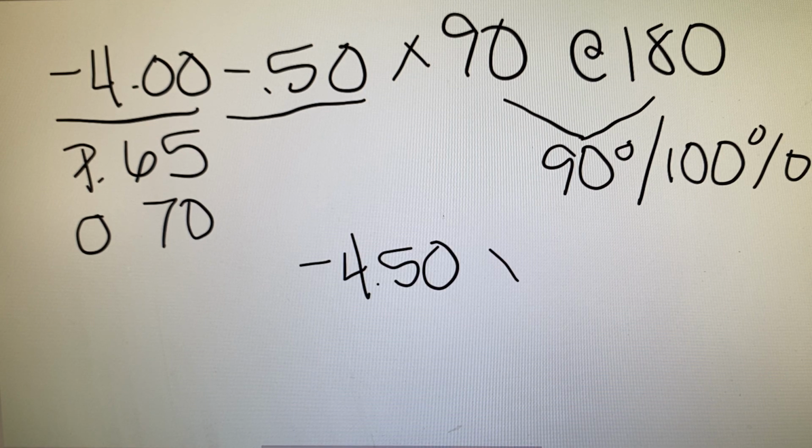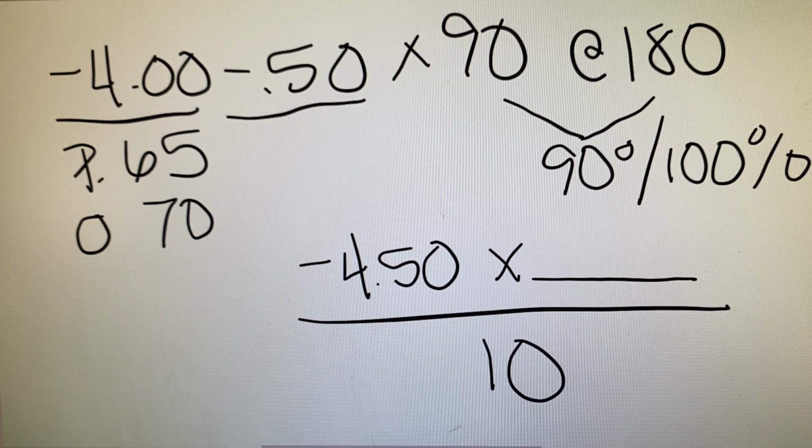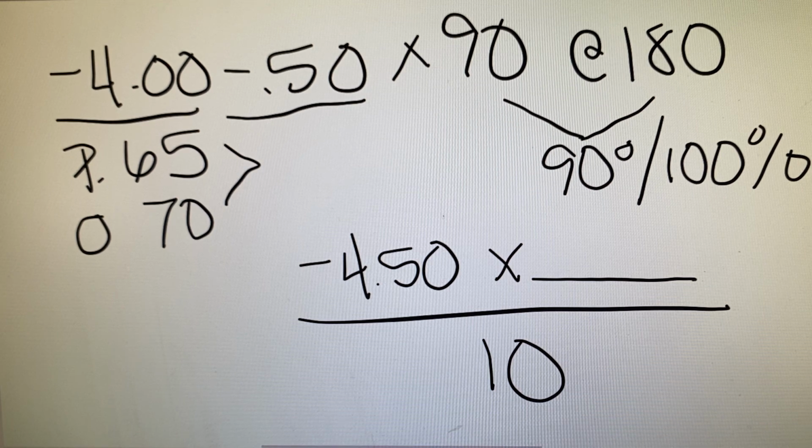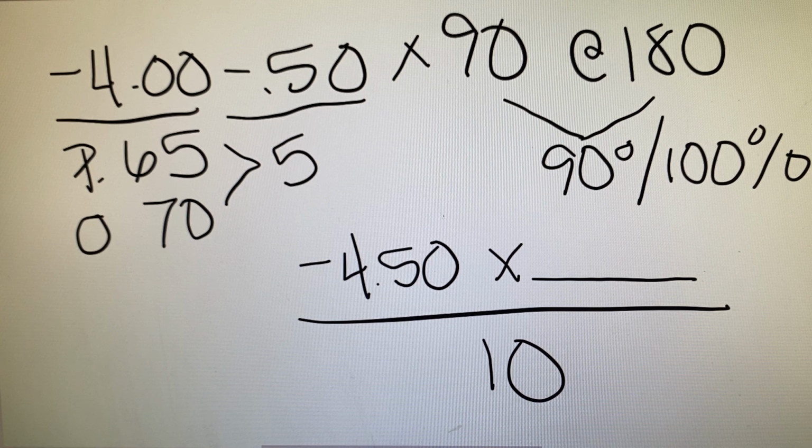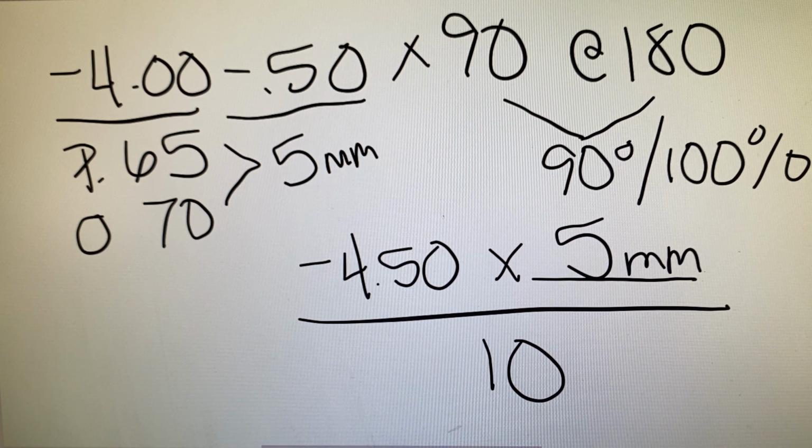So power times displacement divided by 10. Our displacement here is just the difference between our PD and our optical center. That's 5 millimeters. That we're going to plug into our Prentice rule, and then we're going to go ahead and do the math on the calculator. So 4.5 times 5 divided by 10.